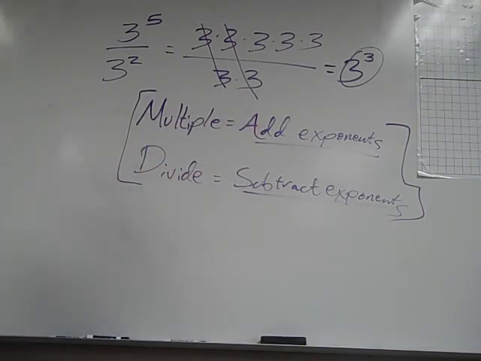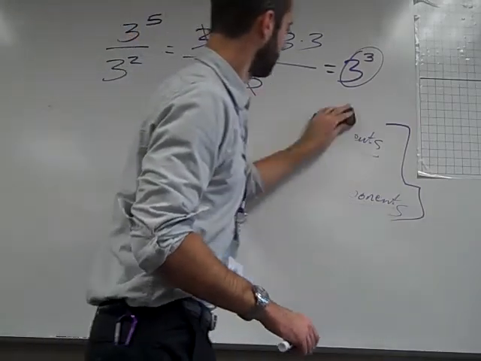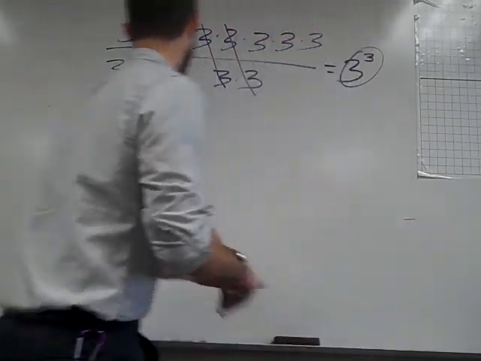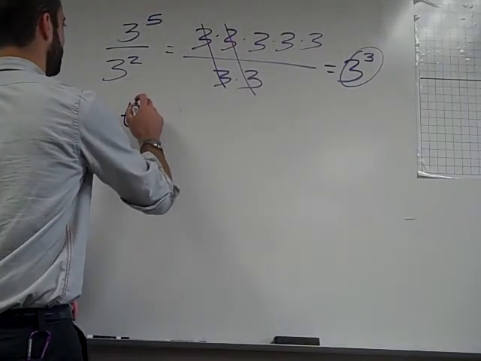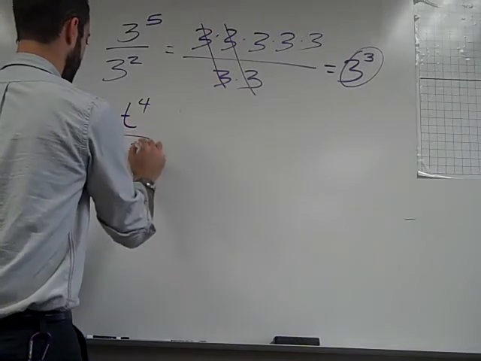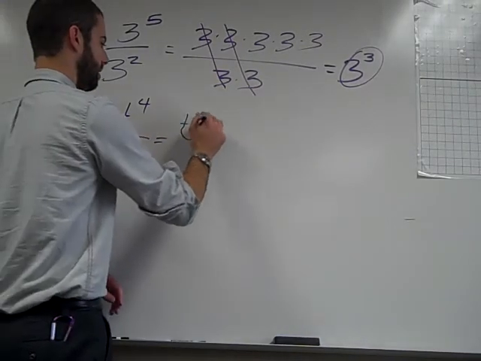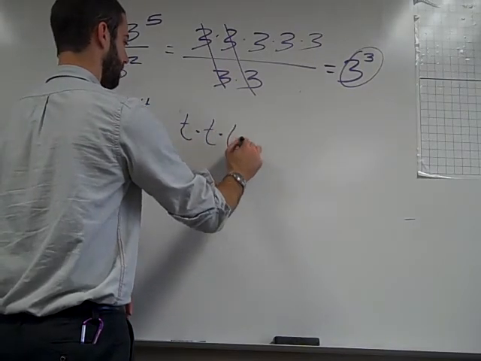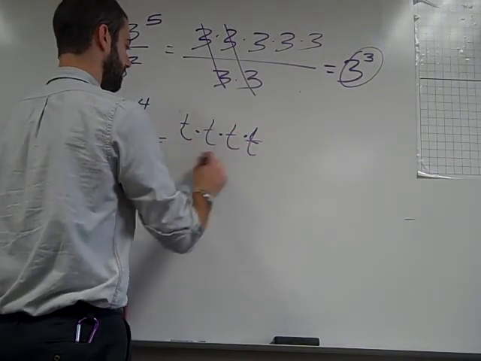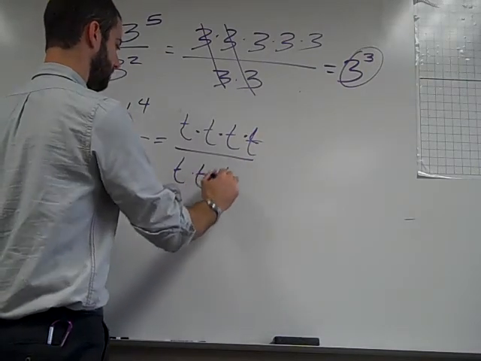You want to do one more division problem? Okay. If I have t to the fourth over t to the third, that's t times t times t times t over t times t times t.